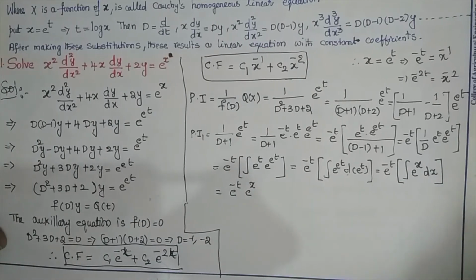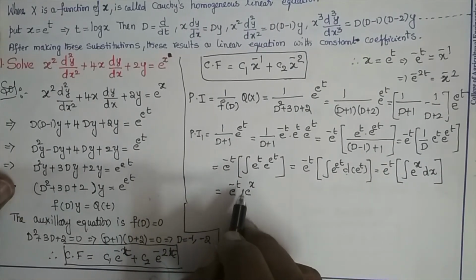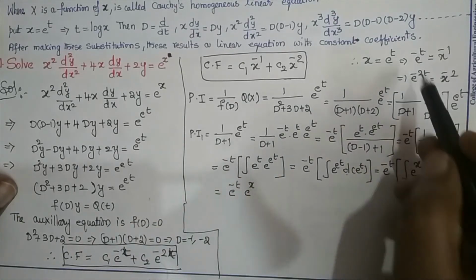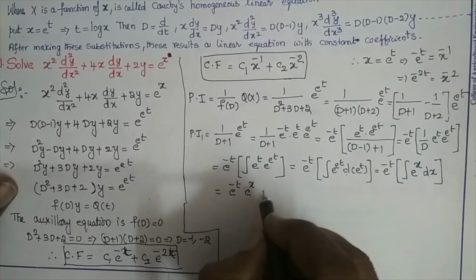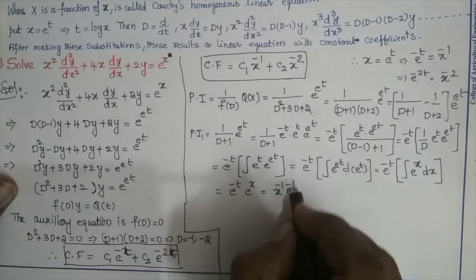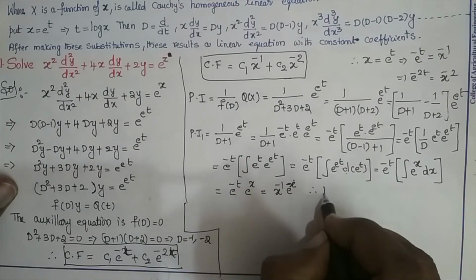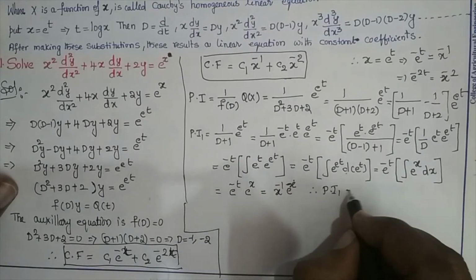That's it. And we can also write the answer in terms of x, so that e^(-t) I have already given as x^(-1). So this is x^(-1) into e^x. This is PI1.